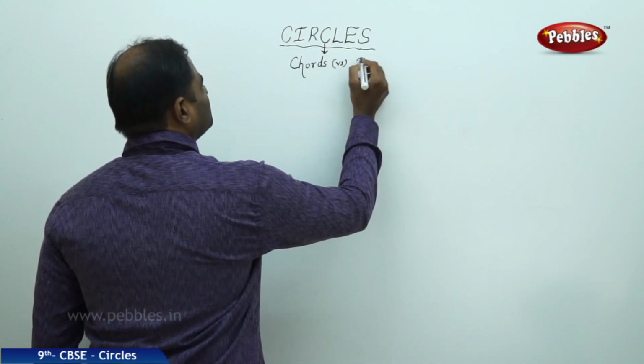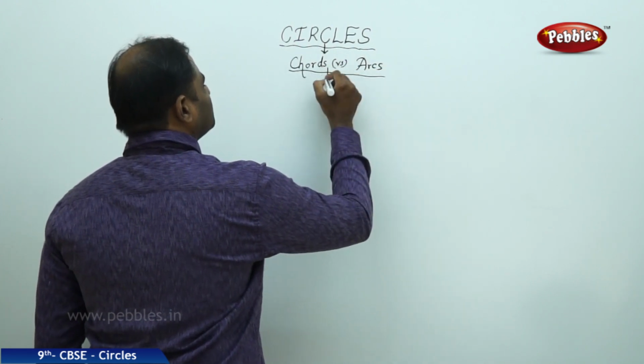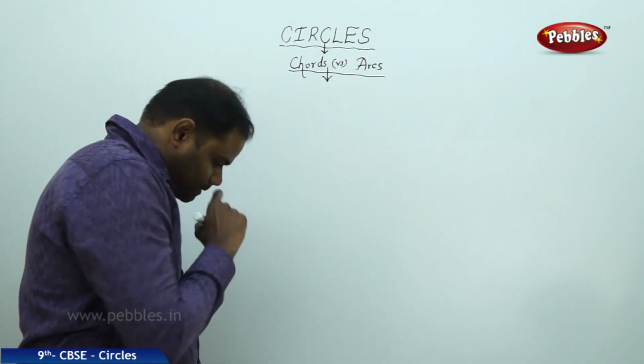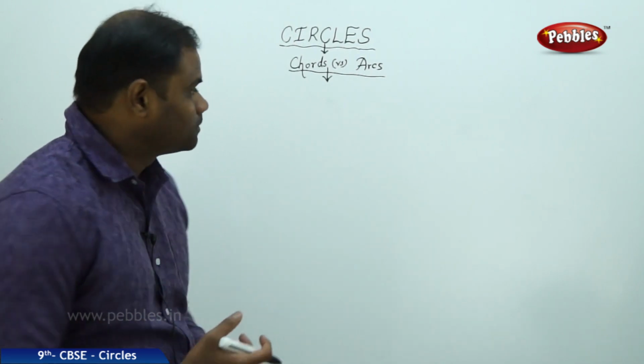Chords versus arcs. Here the property says that if I take two equal chords in a circle, then the two arcs made by those chords will be of equal length. Let's see how the property holds.